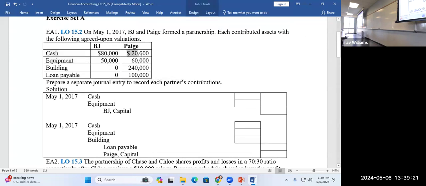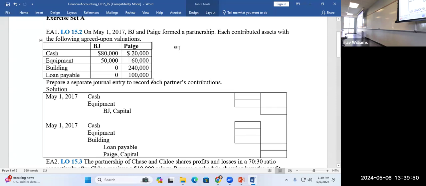Paige is also contributing cash and equipment and a building. We happen to have a building that she could give to the partnership. However, she owes $100,000 on that building, and she's signing that loan over to the partnership. Now the partnership is acquiring her debt of $100,000.